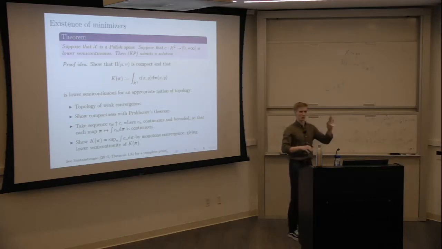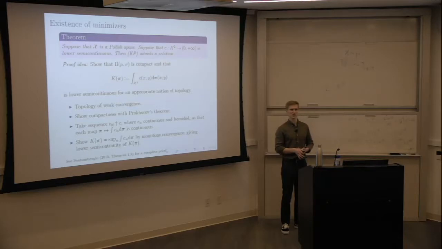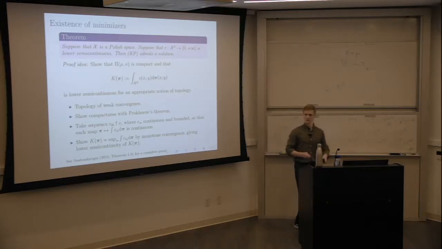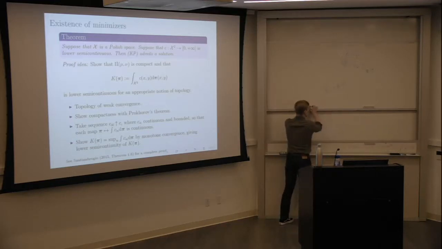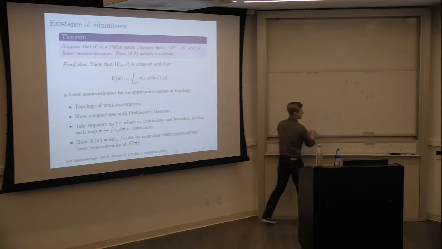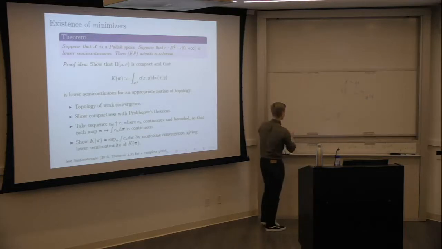How many people know what weak convergence is? Okay, so I'll define it real quick then. Not that it matters too much, but just so that I don't throw out too many terms that people aren't familiar with.